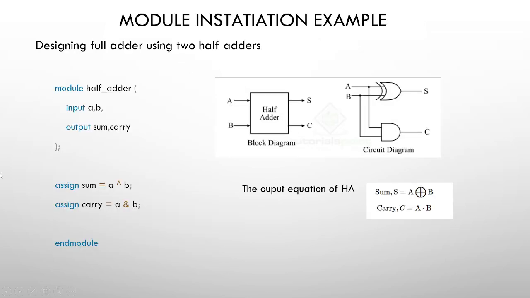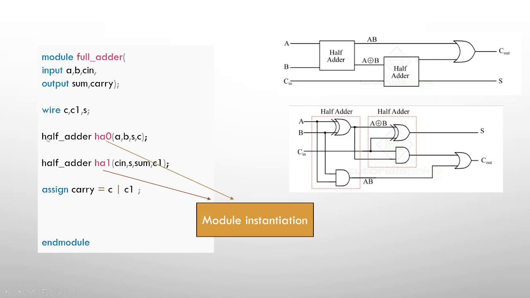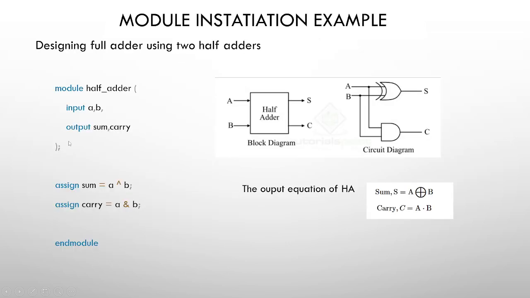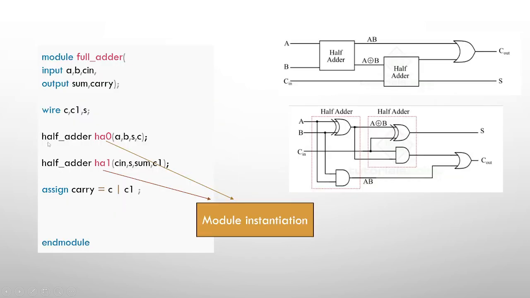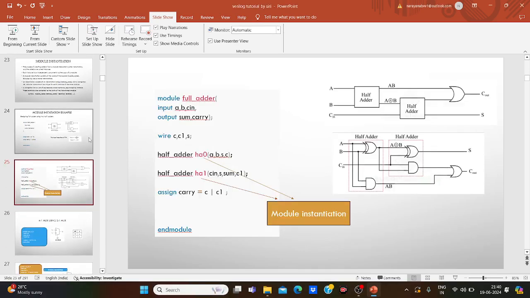Instead of writing all these lines, you have just taken this particular name, and when you write this name, that means this entire logic is placed here. Did you get my point? Yes, in this way the instantiation is useful. This is called module instantiation.